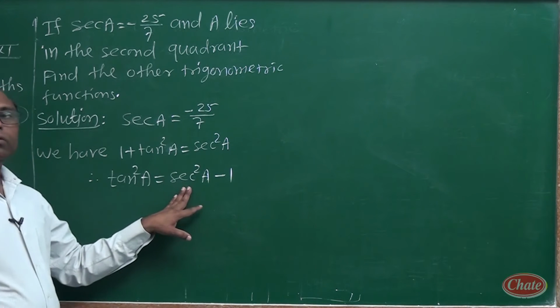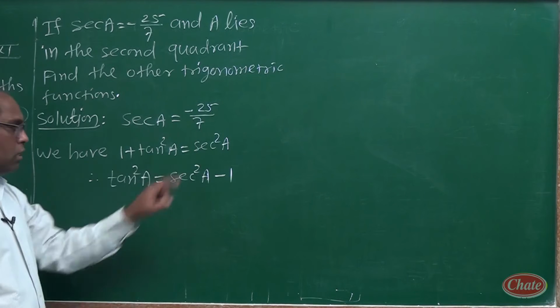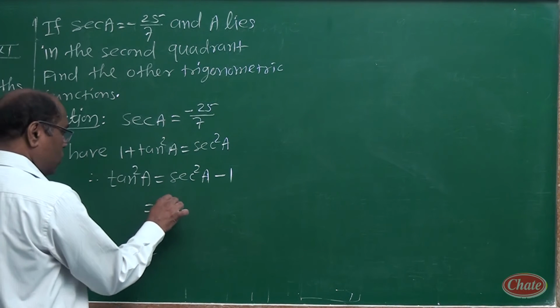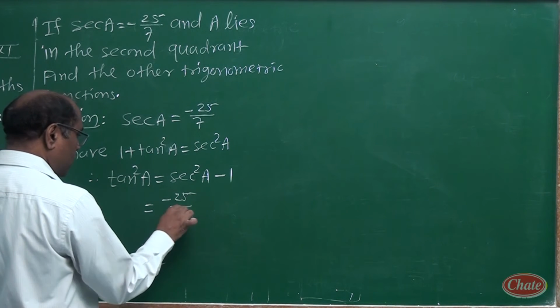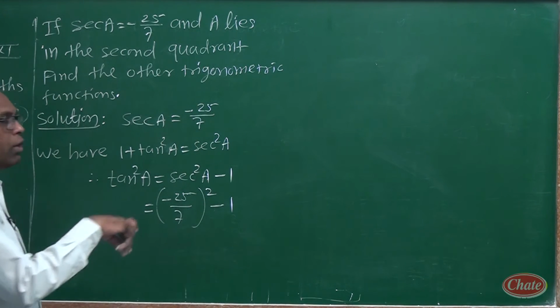Now here we have to put the value of sec A. What is the value of sec A? Minus 25 by 7. So that is equal to (minus 25 upon 7) whole square minus 1.